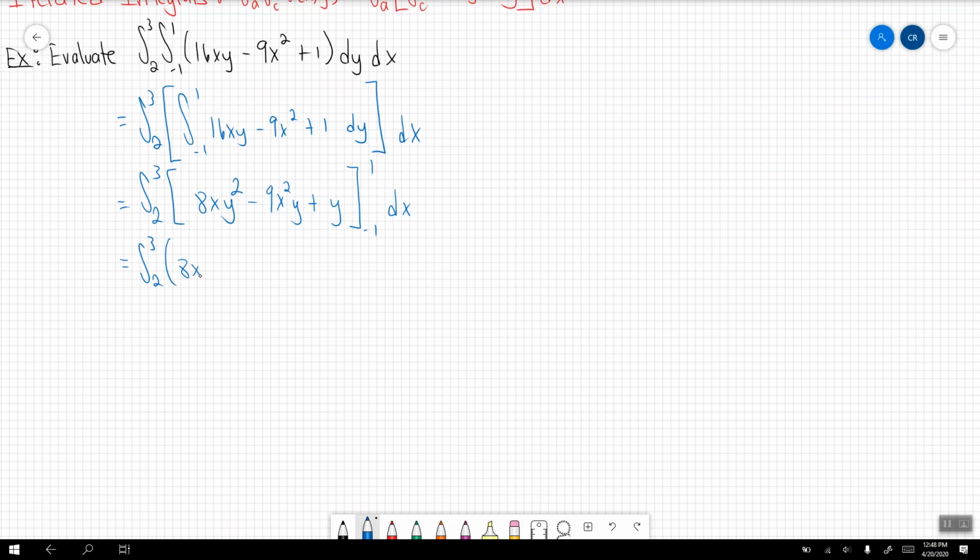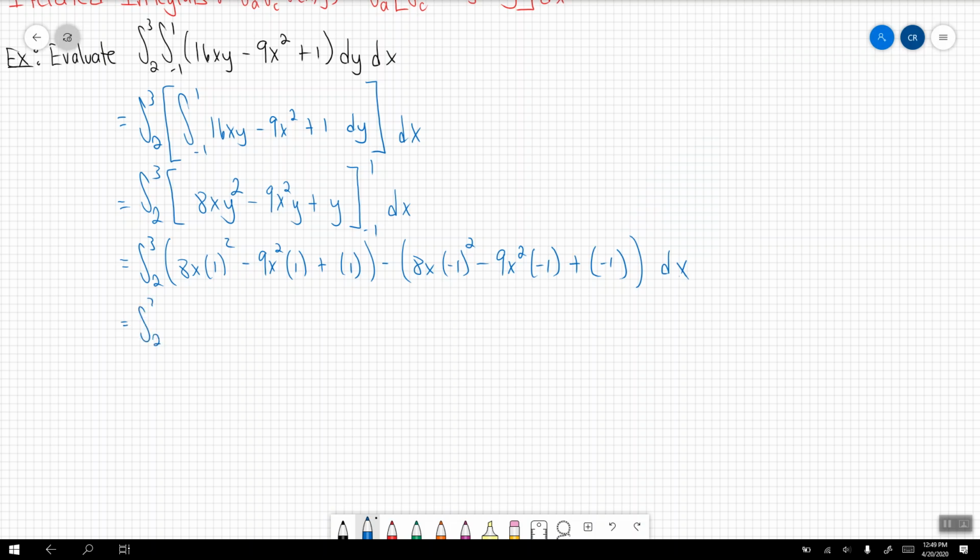So it's going to be 8x times 1 squared plus 9x squared times 1 plus 1 minus 8x y squared, that's at -1, minus 9x squared times -1 plus -1. There we are, and this is all still going to be dx. And this is the integral from 2 to 3. Let's see what we're left with.